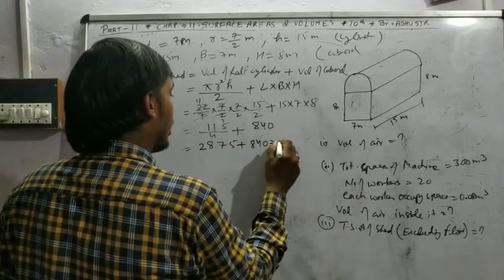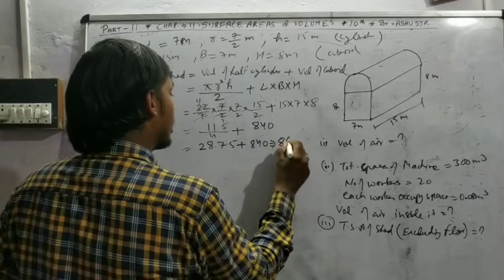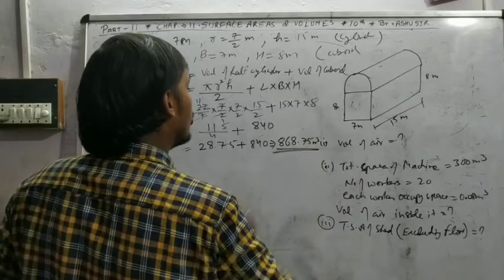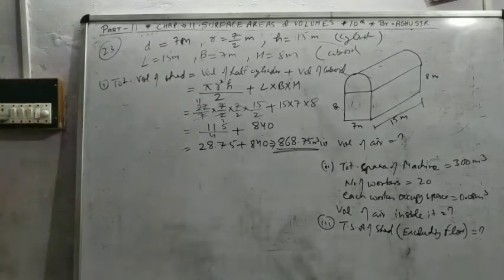So you can say 868.75 meter cube is the volume of the whole shed.